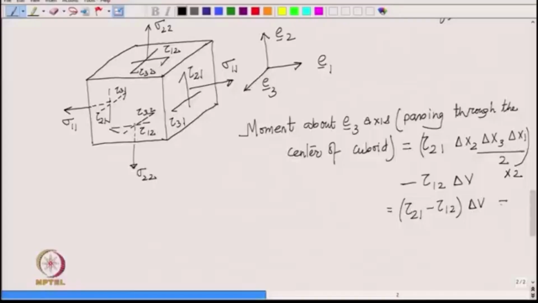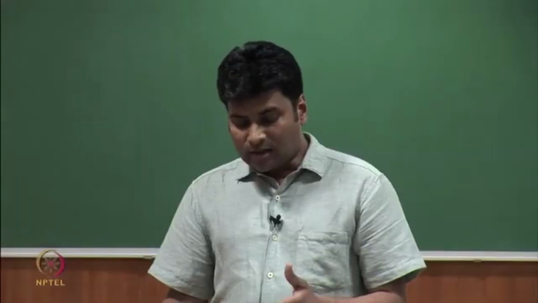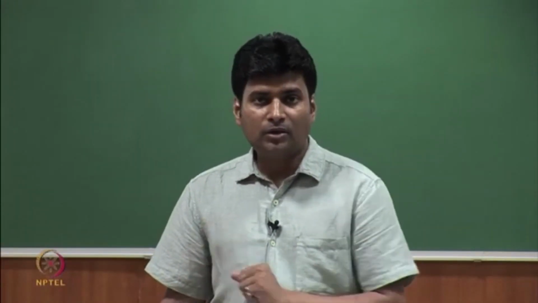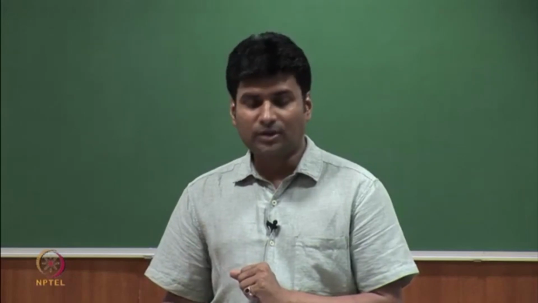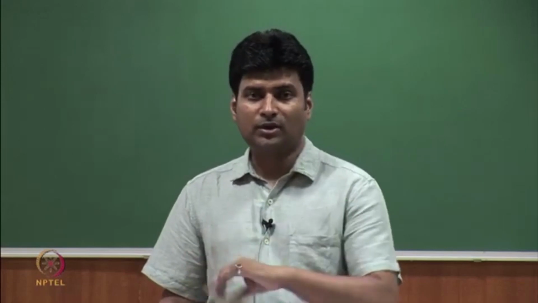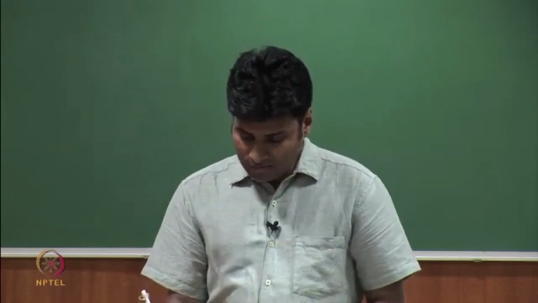So, this as a whole is equal to 0, which means tau 2 1 is equal to tau 1 2. Okay. That is a simpler derivation, but of course, here we said that the tractions are not varying in the plane, right. We just said there is some tau 2 1 which is the same everywhere in the plane. So, that is a simpler derivation which somehow works.